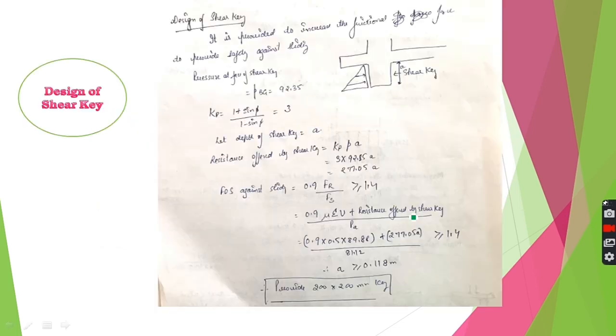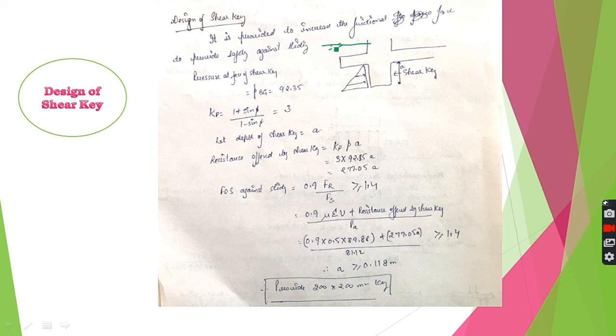Now that we are done with all the components, we will design the shear key as the stability check for sliding has failed. So I will not explain it again, I have explained it to you in the previous video. We just assume a shear key of depth A and calculate the passive earth force acting due to this soil present on the front face of your wall.